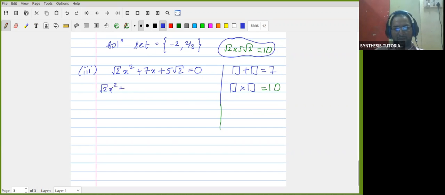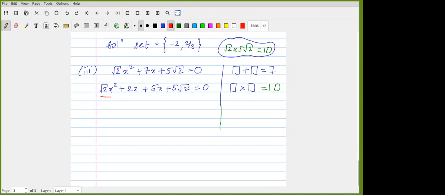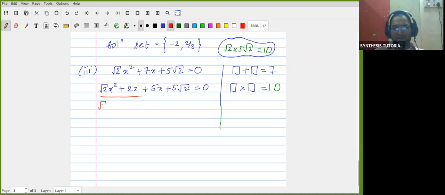Root 2x square plus 2x plus 5x plus 5 root 2. Okay. Now tell me what is common from here? Root 2x. All of you agree? Root 2x is common from here.